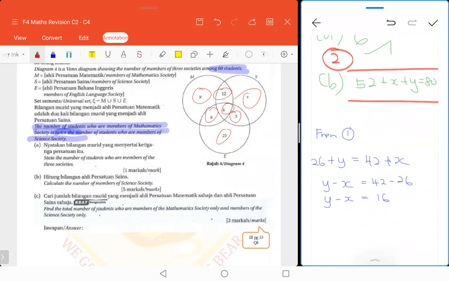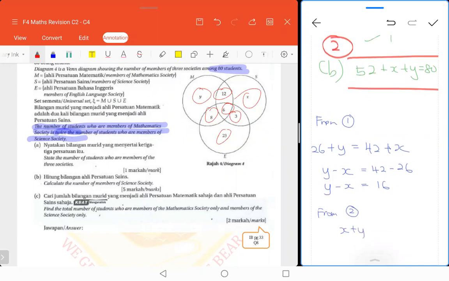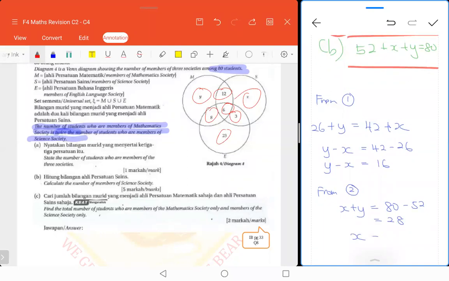Right? 16. From the second equation, x plus y equal to 80 minus 52. So it will be 28. Okay, we make x the subject, so x equals 28 minus y.